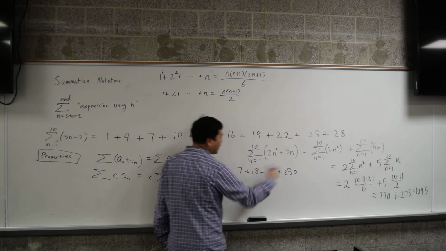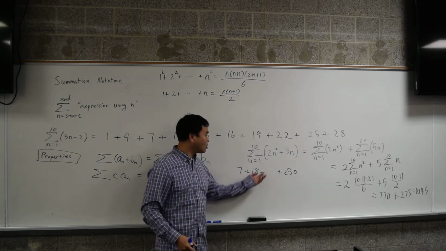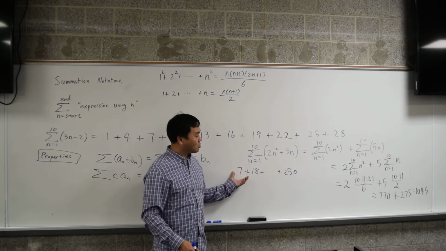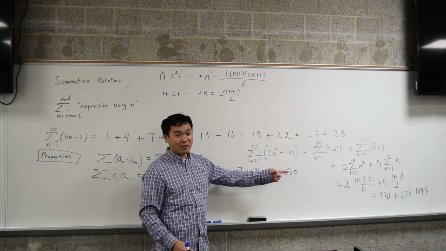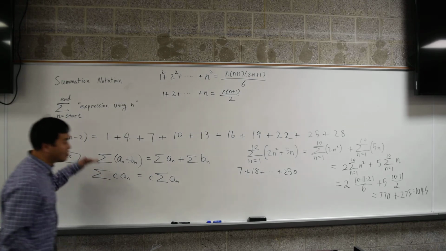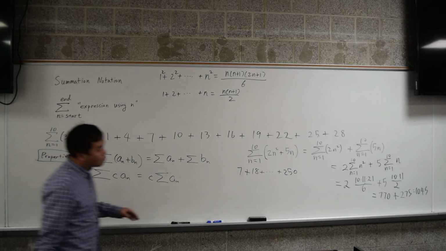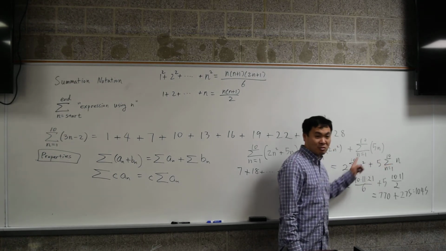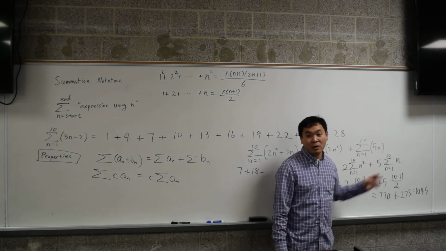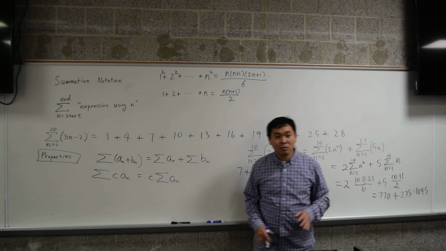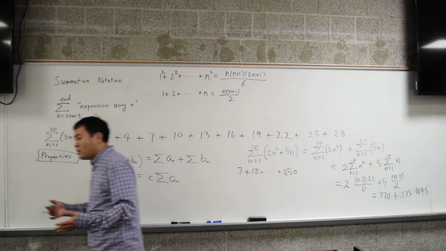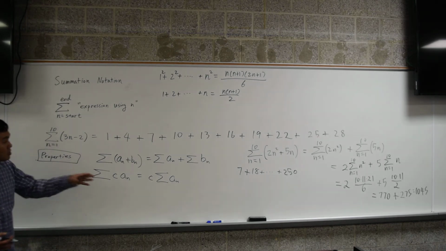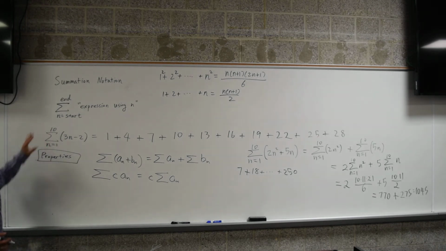So if you had this summation and were told the formula for those numbers, would you be able to just calculate like that? No way, right? But these two properties allowed us to simplify this complicated thing as a sum of simpler things so that we can apply these formulas. Okay? So that's why the summation notation is preferred. It allows you to see things that you wouldn't see if you didn't use this compact notation.